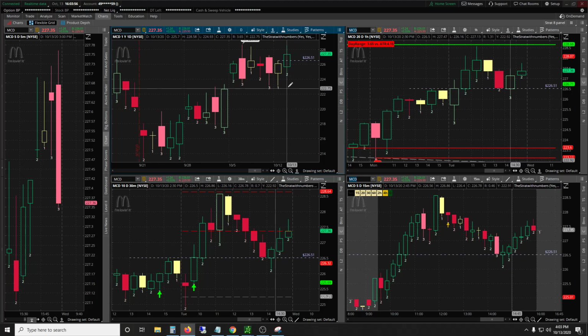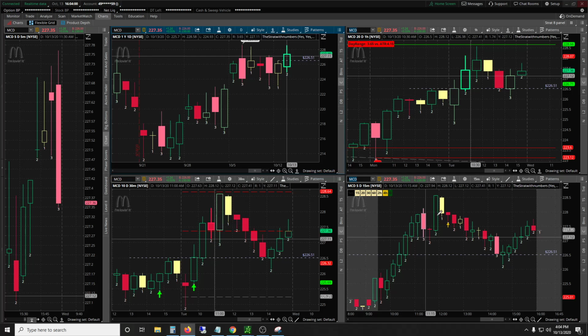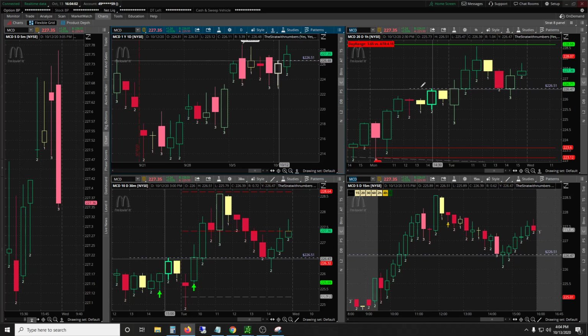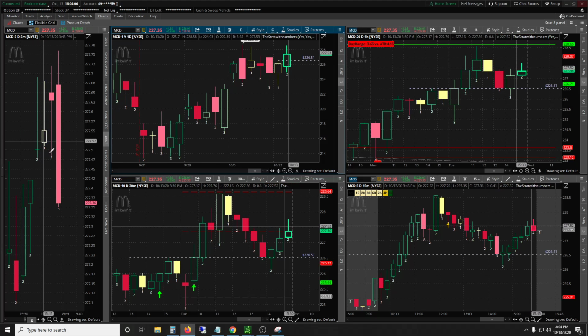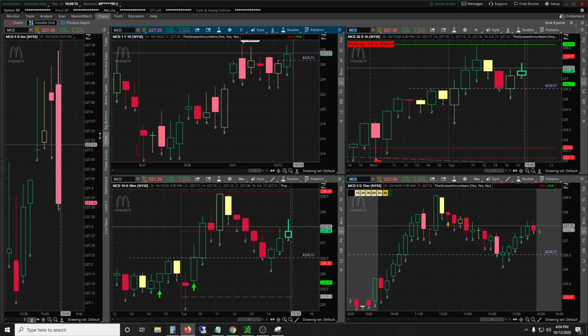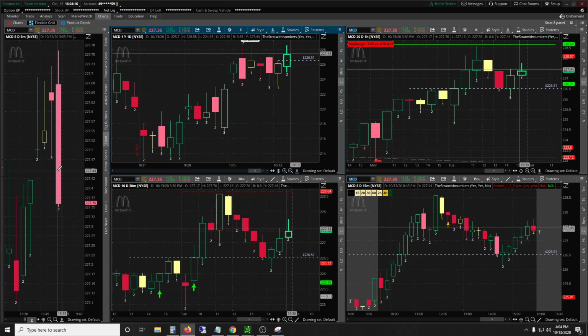But here's what happened. Here's my 226.51 I was looking to break. This is the 15-minute chart, 30-minute chart, 60-minute chart, daily chart, and I have the 5-minute over here. I don't really focus on the 5-minute much, but I do want to see, if I have green on all these candles but a big red like this, then I'm going to want to see something before I jump in, because something's happening within the last couple of minutes.